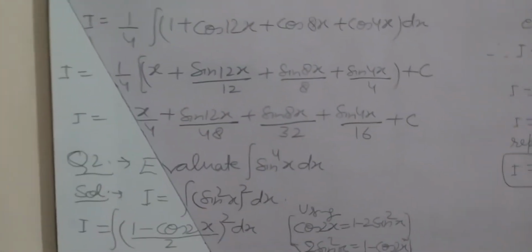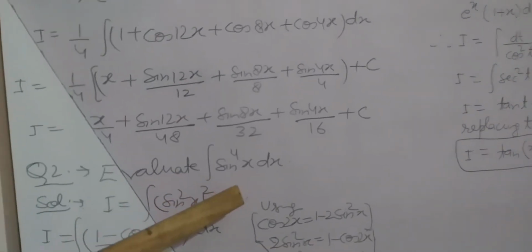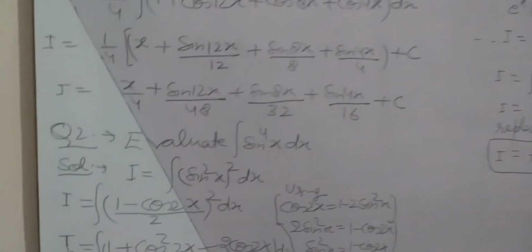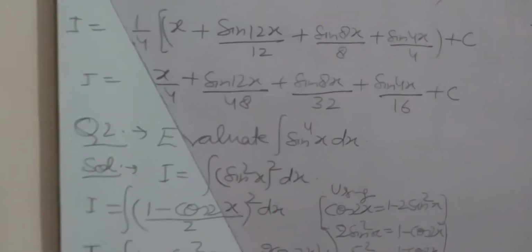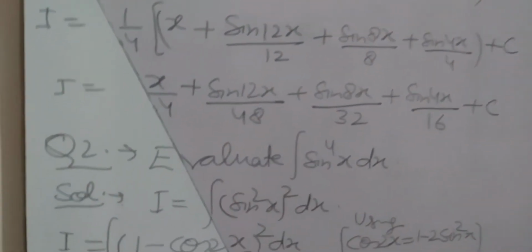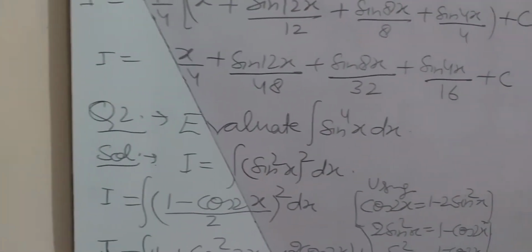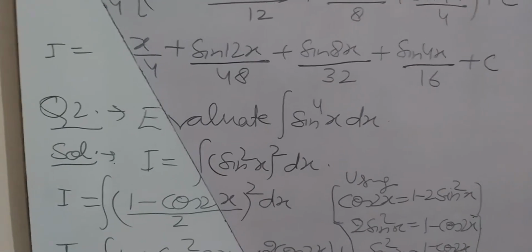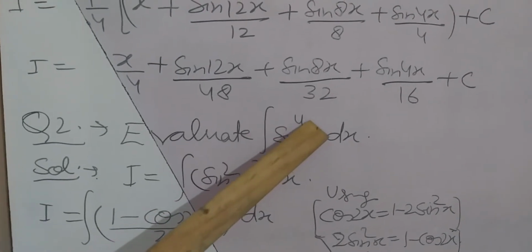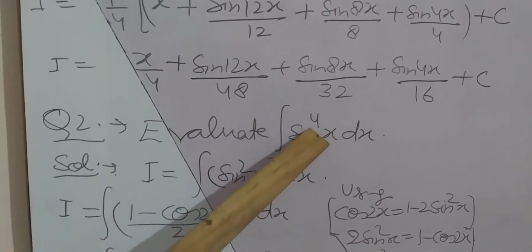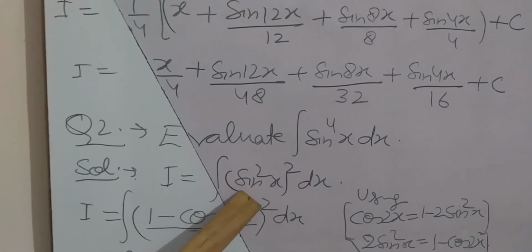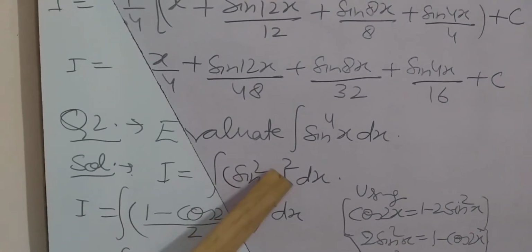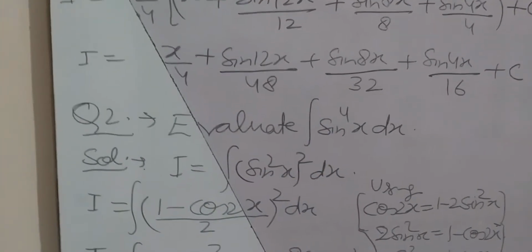Let us solve one more question, student. Evaluate the integral of sin to the power 4 x dx. So how can we solve it? We have to remove the power. To remove the power, student, we can write sin to the power 4 x as sin square x whole square.